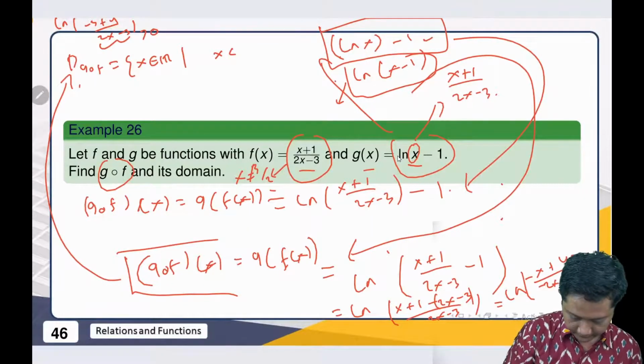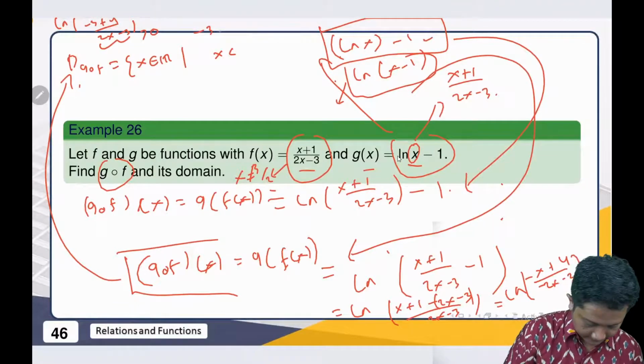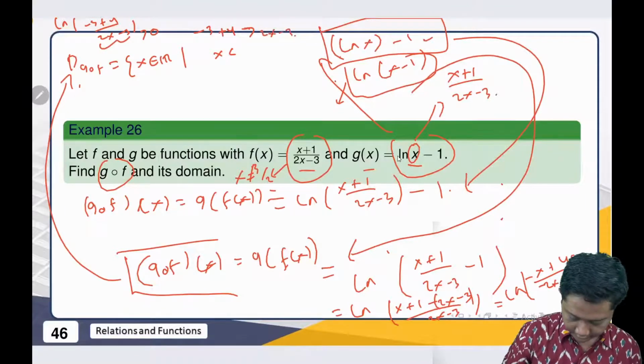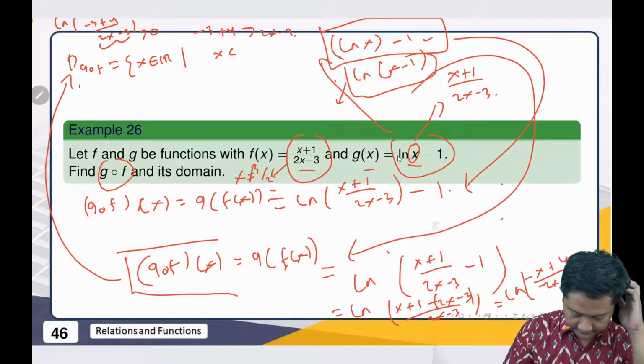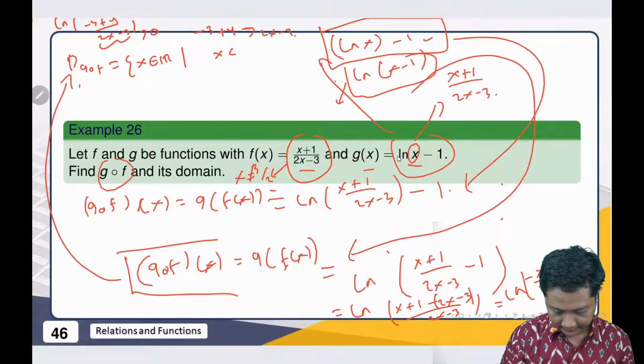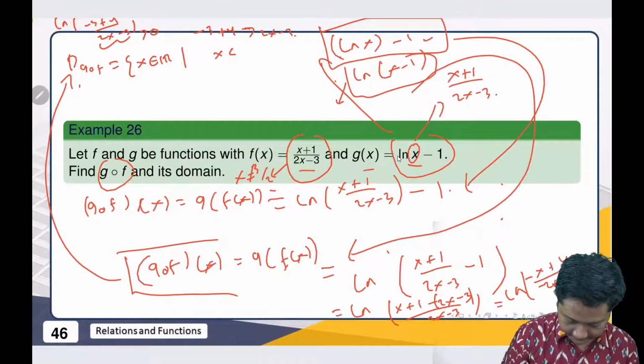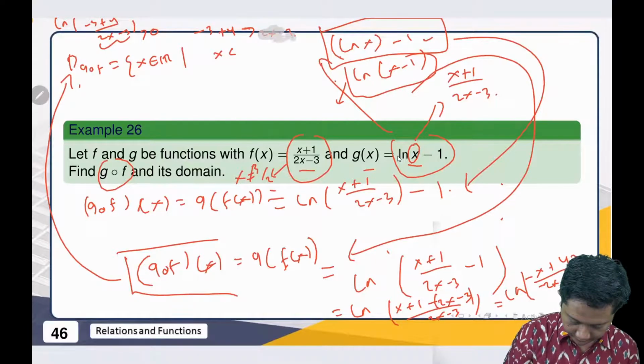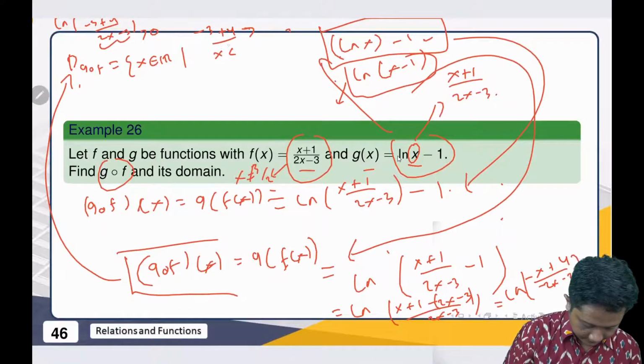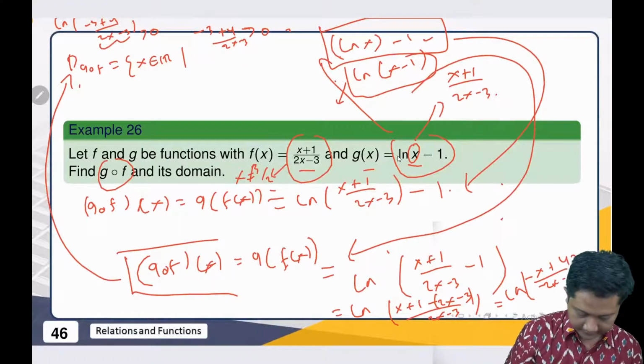So please double check from here to here.